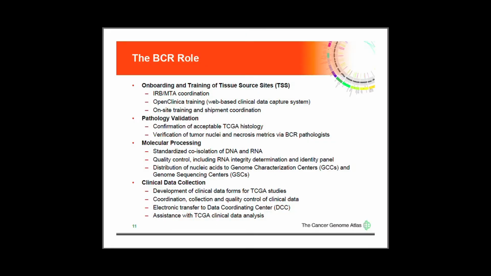The next step, once we get our first shipment in, is pathology verification. The site is supposed to pre-screen all their cases. They take the frozen tissue they want to send to us and pre-screen it to make sure it has a sufficient amount of tumor and the right diagnosis. We verify that at the BCR.